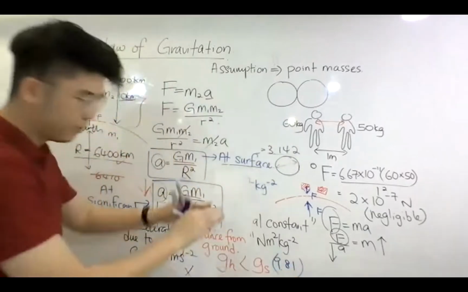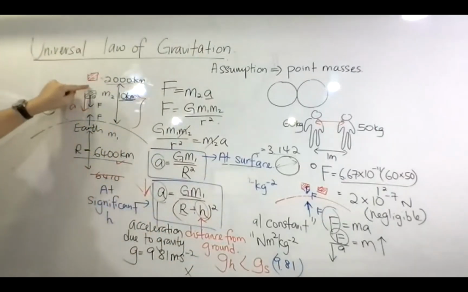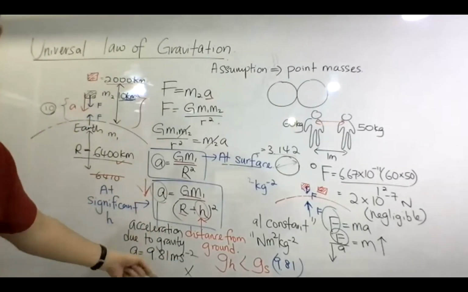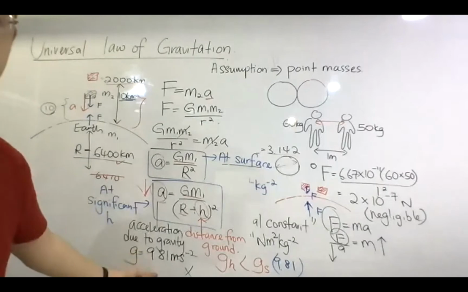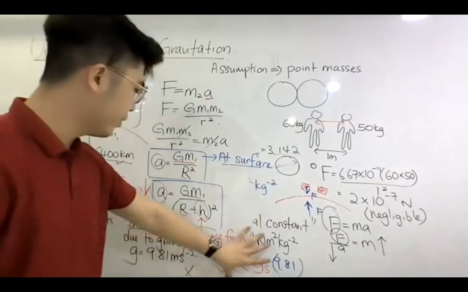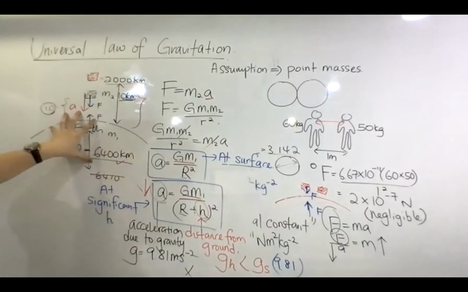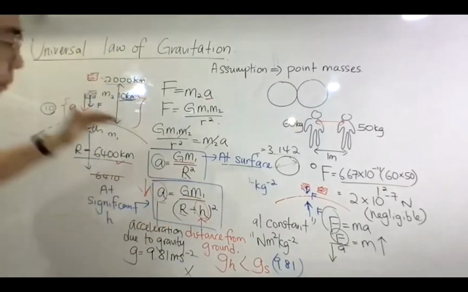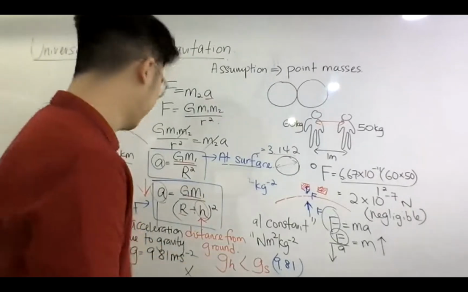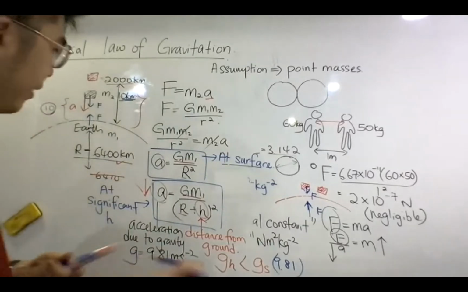Here, at any altitude going up, will be less than 9.81. So if you go up 2000, 3000, 4000, what does this 9.81 do? This 9.81 will decrease, 9.8, 7, 6, decrease. Logically, if you think about it, the farther the force, the weaker it is, so your G is also smaller.